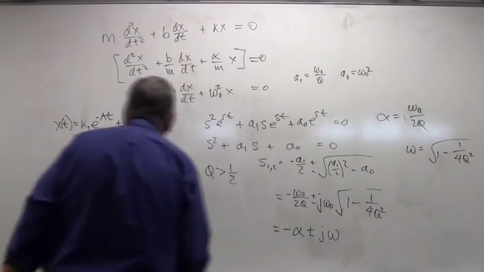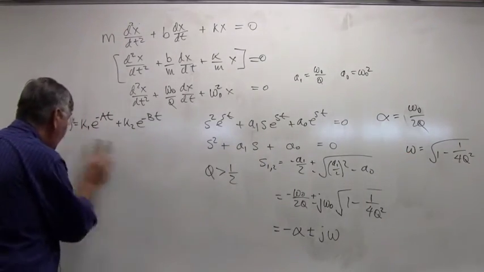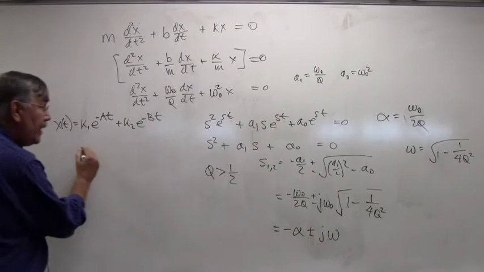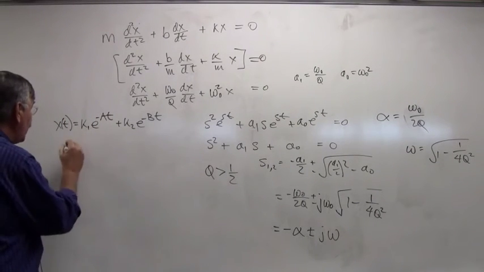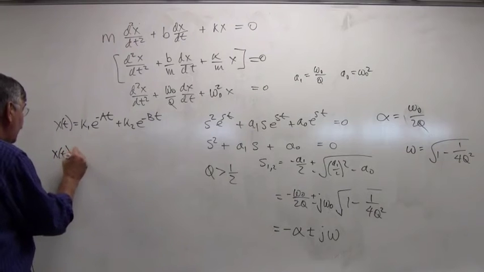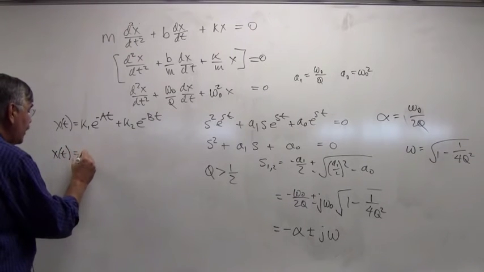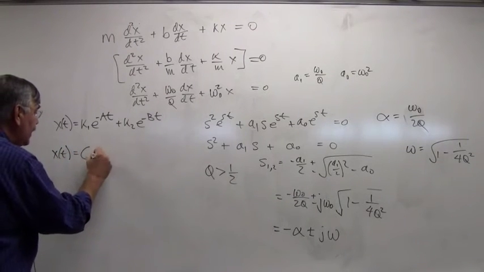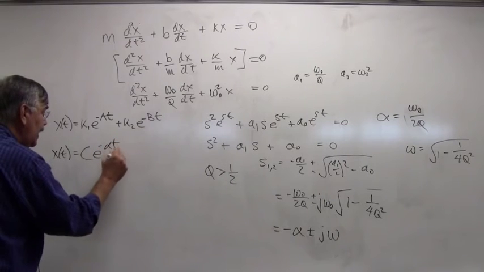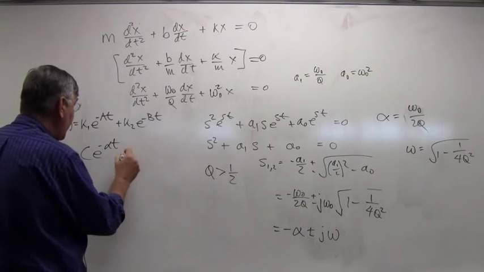And now the solutions in this case are interesting. We can write the rather general solution for x of t in this case as some constant, I'll just call it c, times e to the... and you can write this in different ways.